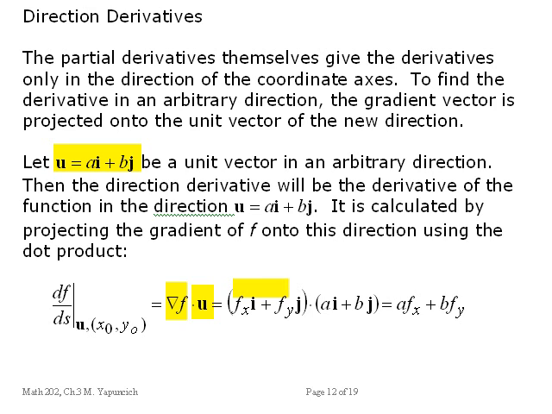So here's your gradient vector, the partial with respect to x in the i direction plus the partial with respect to y in the j direction, and you take the dot product of that with a unit vector in the arbitrary direction, and that will give you the derivative in an arbitrary direction.